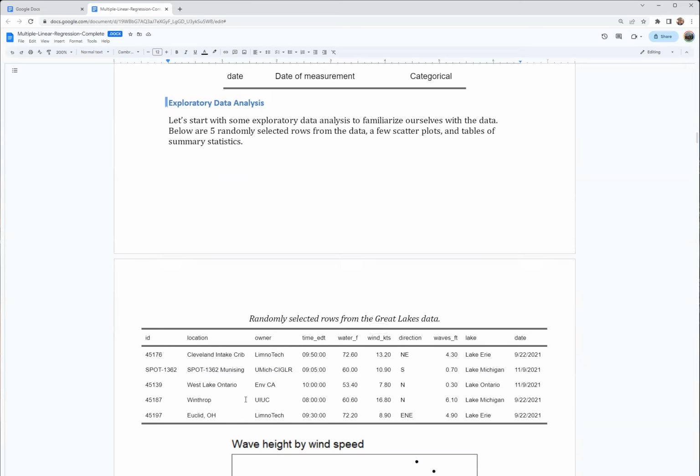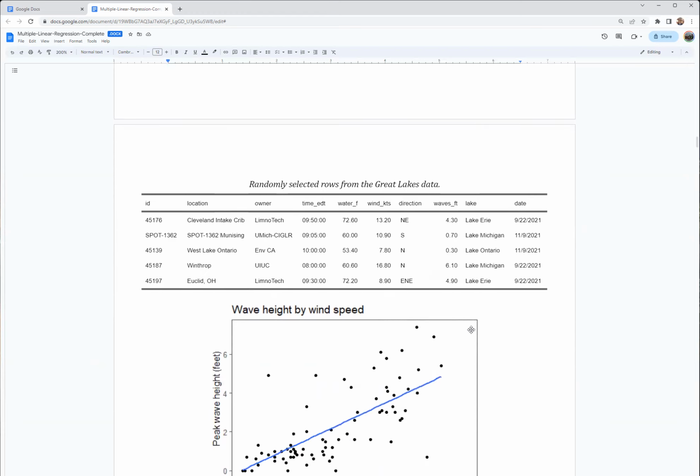We have the direction of the wind. These buoys are owned by different companies, but they all allow their data to be collected by this Great Lakes buoy system, which is cool. And then they're all across the Great Lakes. Like this top one was a measurement taken by Cleveland in Lake Erie. This one in Munising, in Lake Michigan, Lake Ontario, Lake Michigan, Lake Erie. So all over the Great Lakes, right?